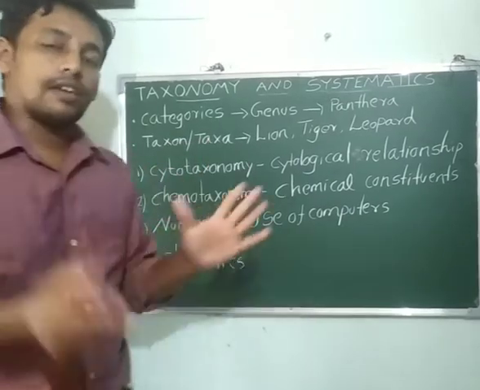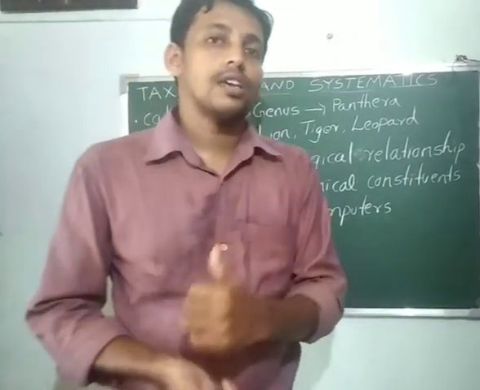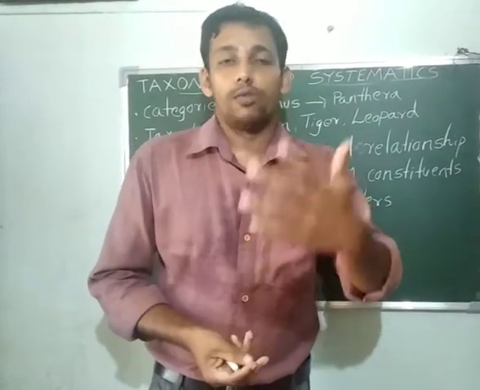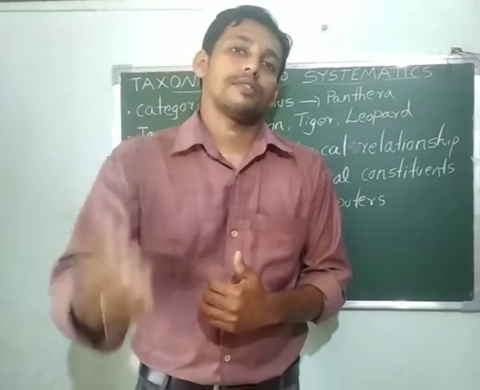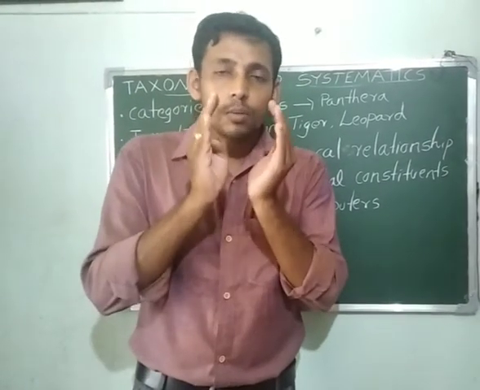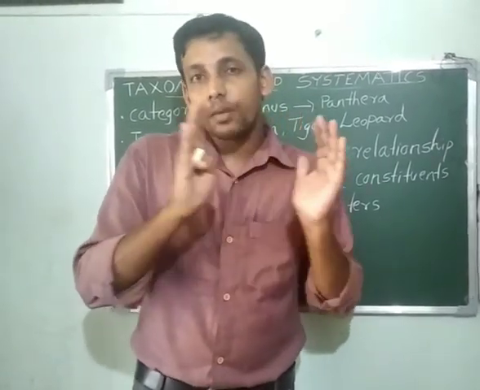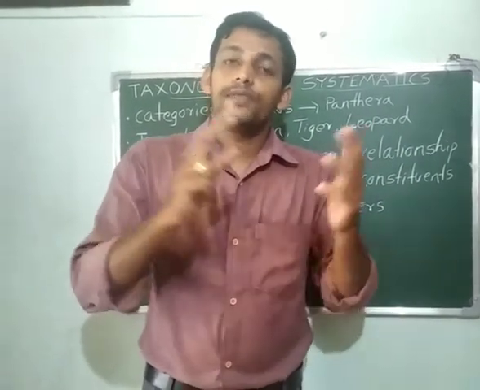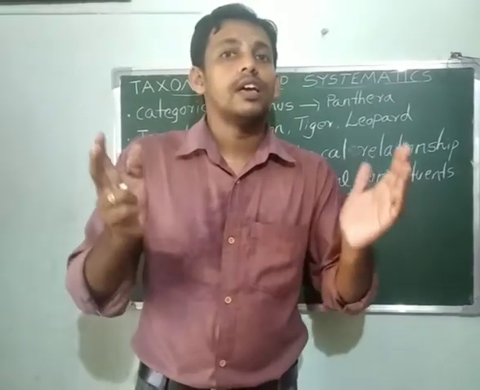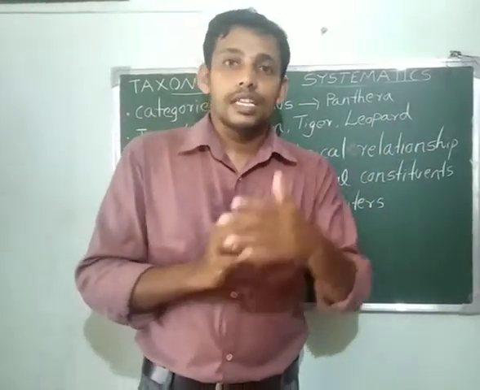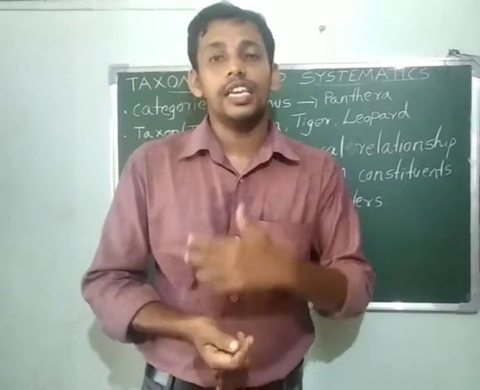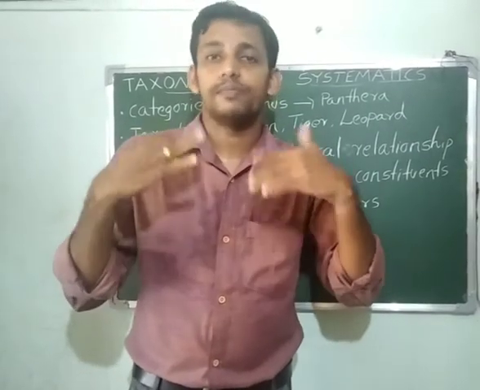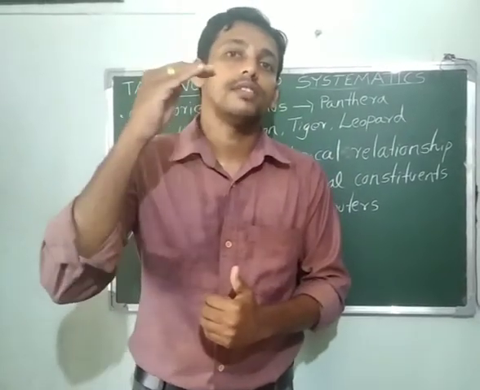So taxonomy is the process of classifying the organisms into different groups, that is, the categories. And there are so many different processes included in taxonomy: identification of the organism, then characterization, then classification, and the nomenclature or naming of the organism.